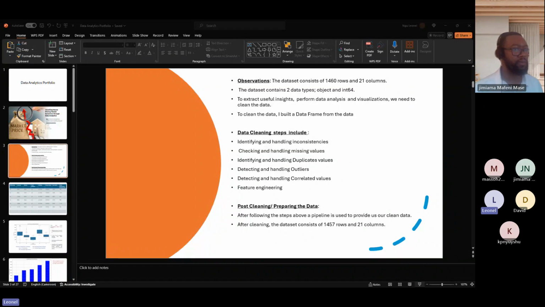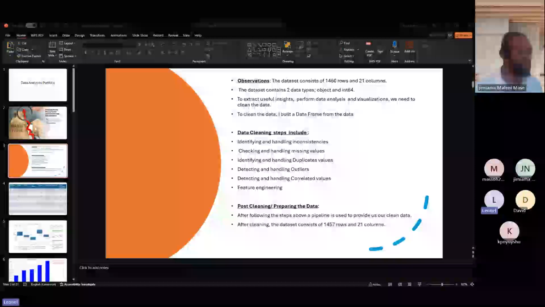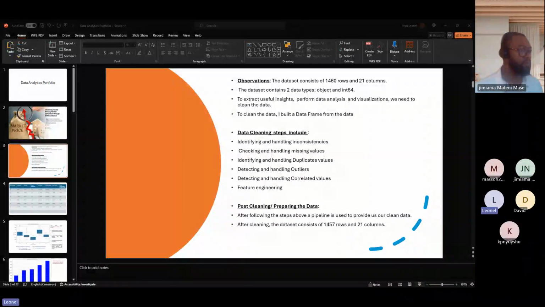After cleaning the data, we need to establish a data pipeline that will help us with the finalized clean data. After cleaning my data consisted of 1,457 rows and 21 columns. This is a snapshot of what my data looked like.